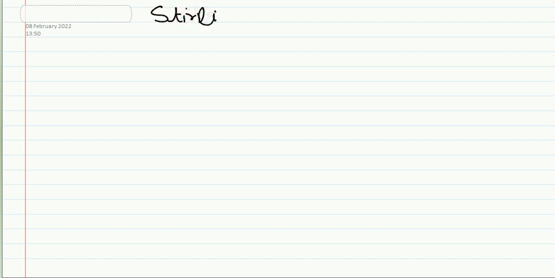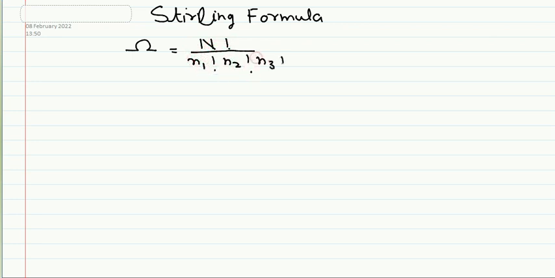So most of the time we will need to calculate the log of the thermodynamic probability in many further discussions. So we have the thermodynamic probability as omega is equal to n factorial divided by n1 factorial, n2 factorial and n3 factorial. So let us stop here, n3 factorial.